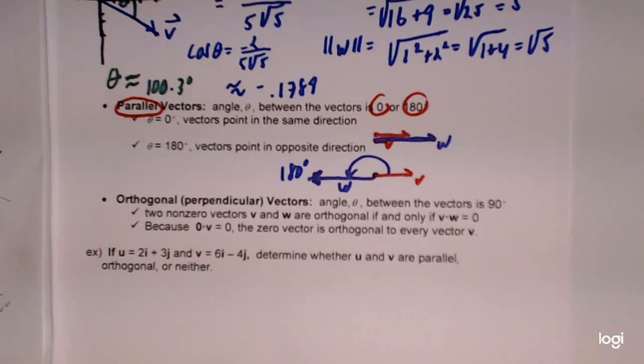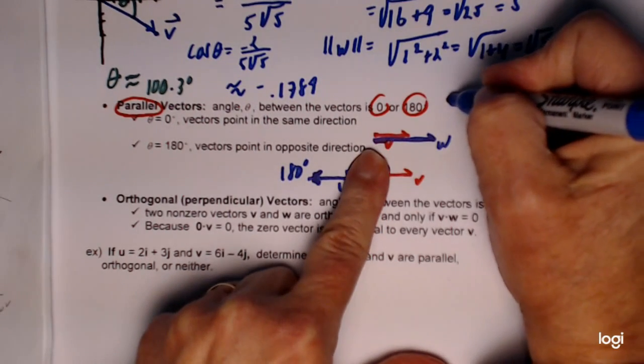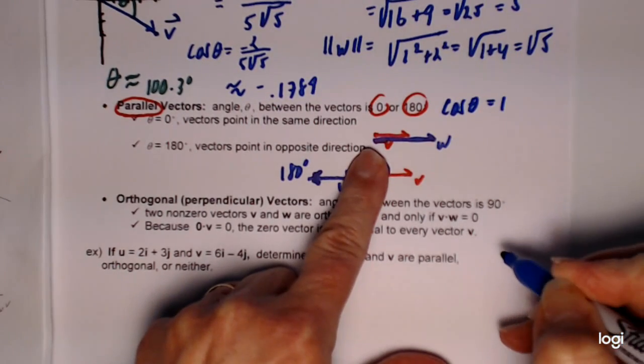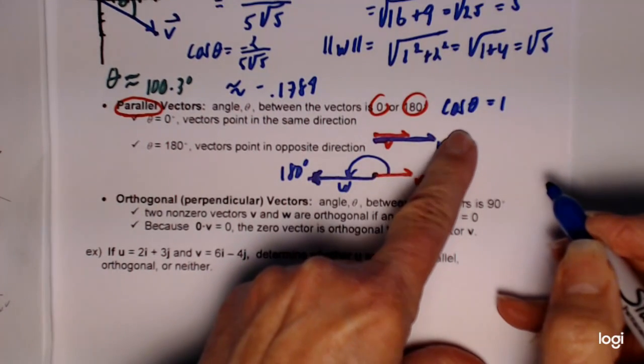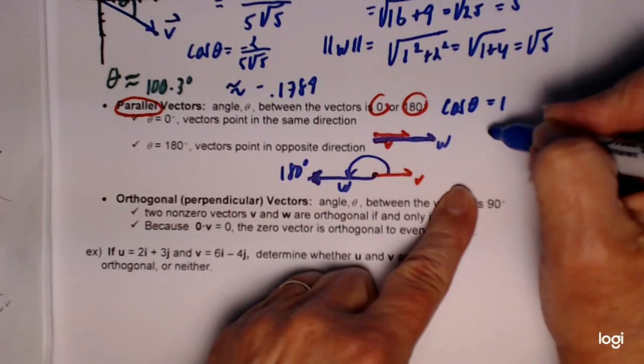So what is this going to look like when we use our cosine to get this? Well, in this case, we're going to get that the cosine of theta is equal to 1. And we know that the angle that has a cosine of 1 is 0 degrees.